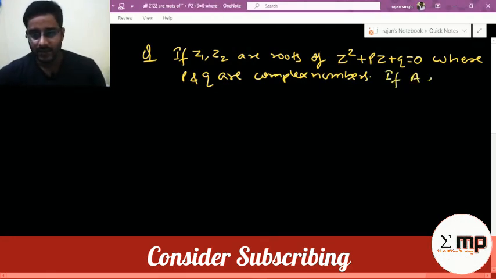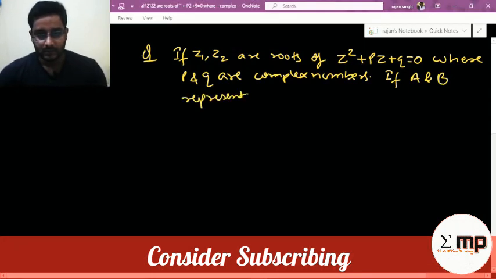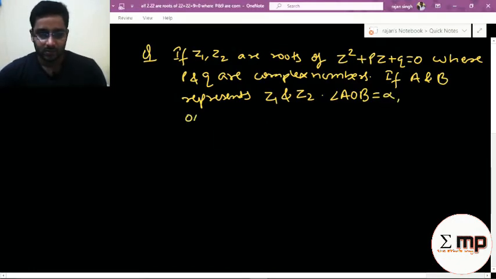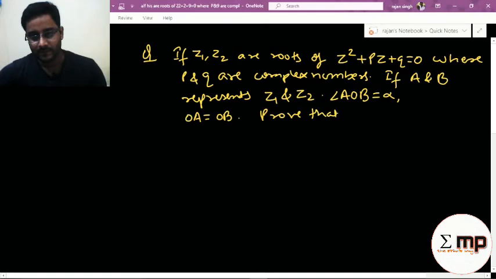If A and B represent z1 and z2, and angle AOB equal to alpha and OA equal to OB, then we have to prove that p square equal to 4q cos square alpha by 2.